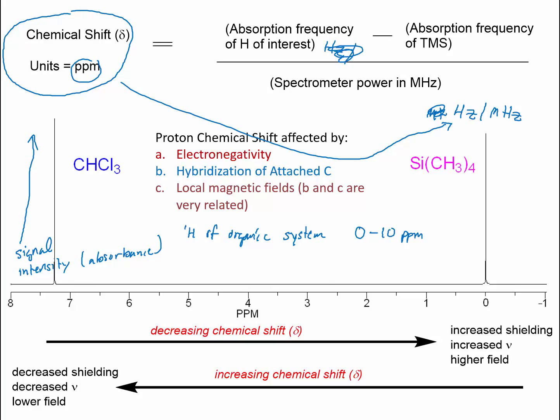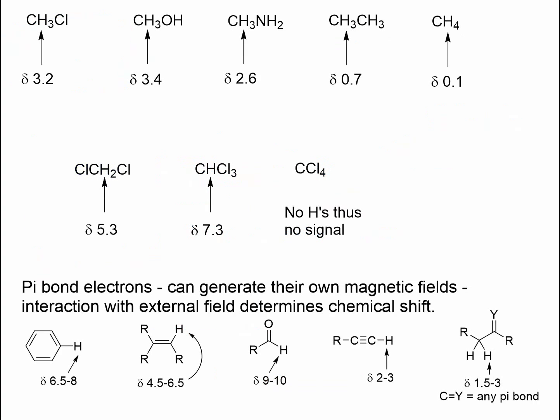Okay, so this is the NMR spectrum up here of a mixture of chloroform and tetramethylsilane, or TMS. Okay, one comes at 0, and chloroform, since it's in the vicinity of lots of electronegative groups, has a much higher chemical shift.